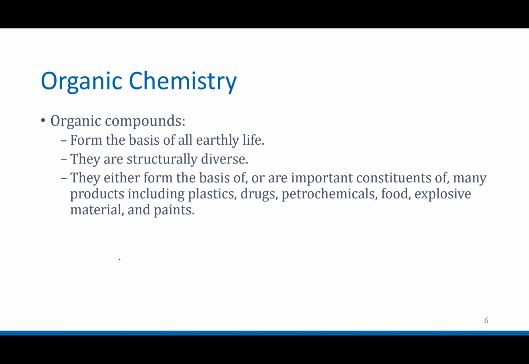Organic compounds, carbon-based compounds, form the basis of all earthly life. Plants, animals, humans, we are all made up of many organic compounds, extremely structurally diverse, and a lot of this is due to carbon. Carbon is a really important building block of organic chemistry.